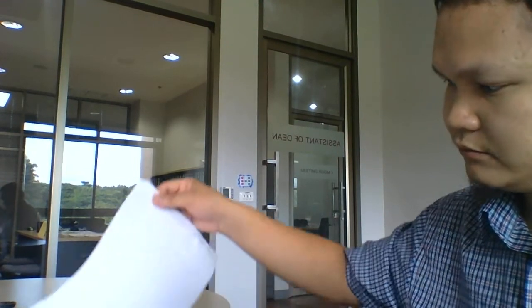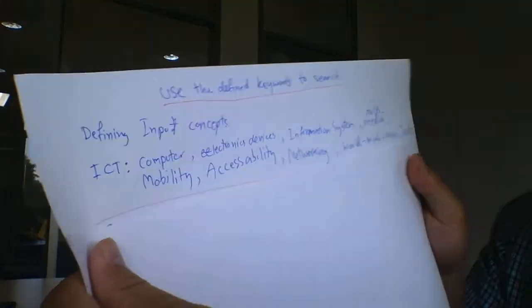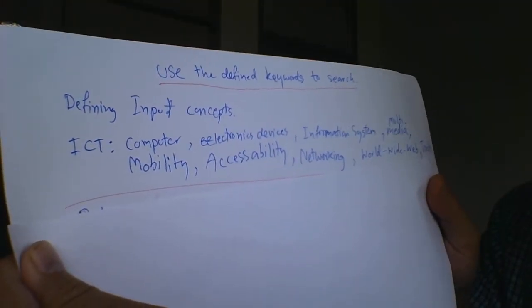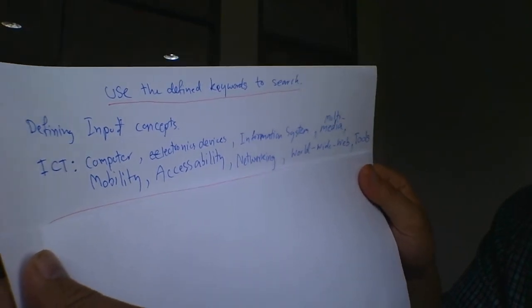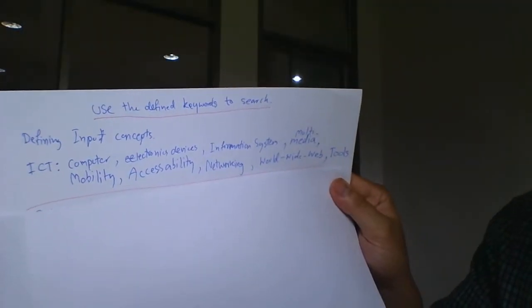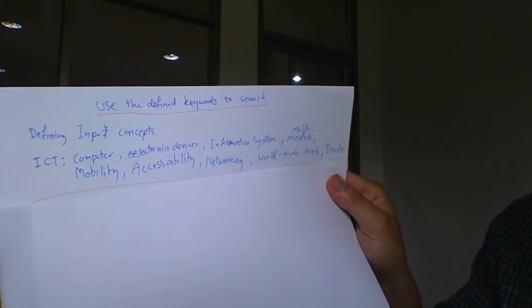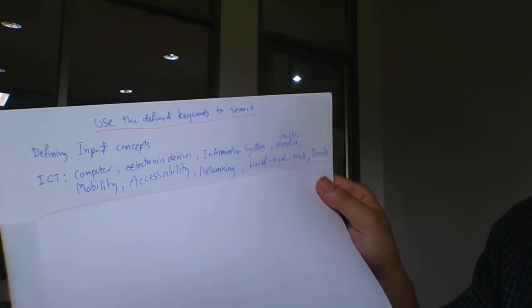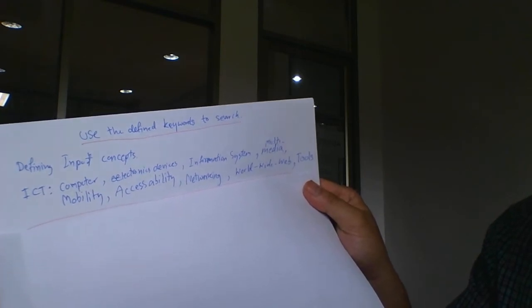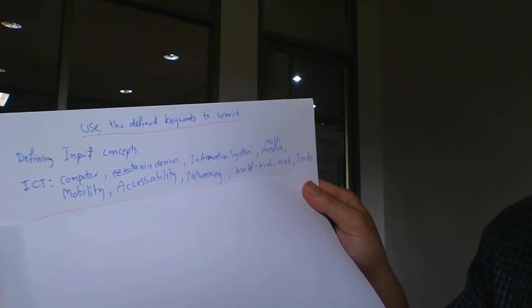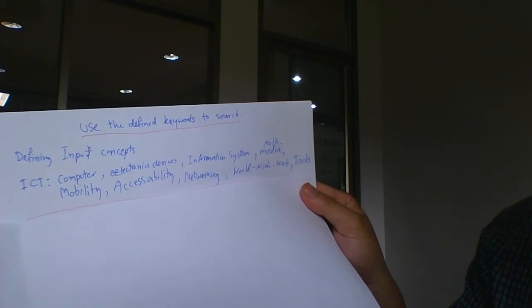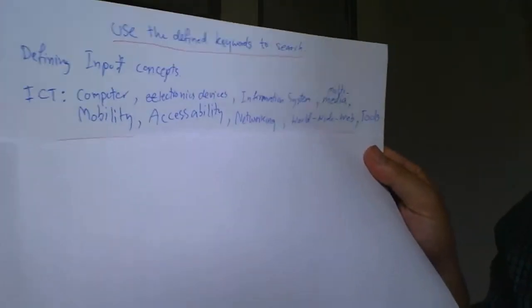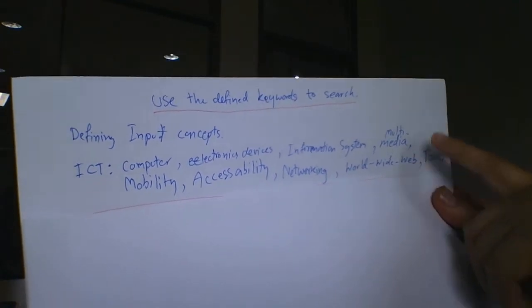So let's see. This is the concept of keywords. The first step, we have to define this input concept. ICT: what is ICT? ICT means computer, electronic devices, information system, multimedia or media, mobility, accessibility, networking, World Wide Web, or tools.